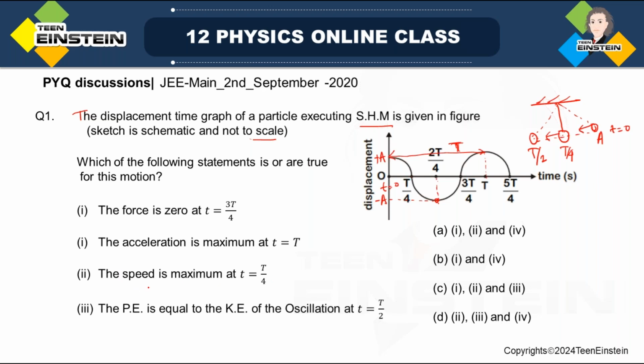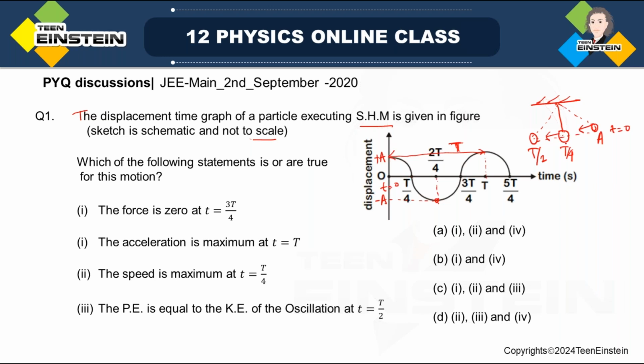So at T by 4, the speed is maximum, it is said. We know from our previous discussions that the speed will be maximum at the equilibrium position. Here the displacement is 0, but speed will be maximum.